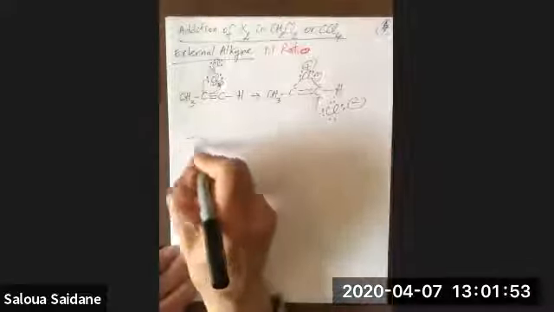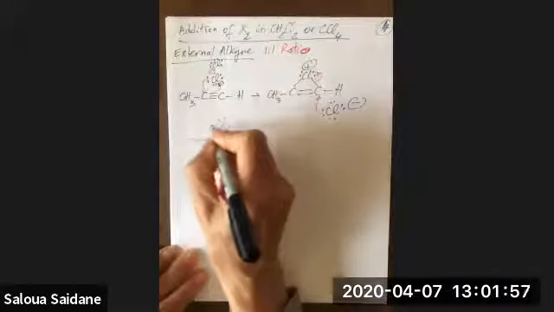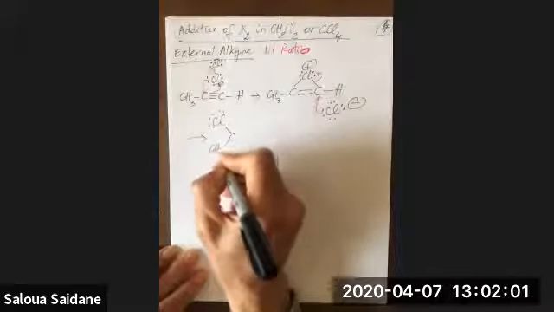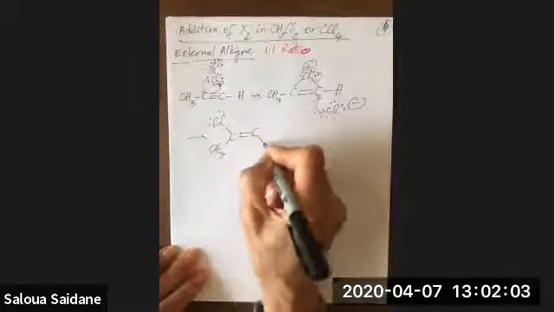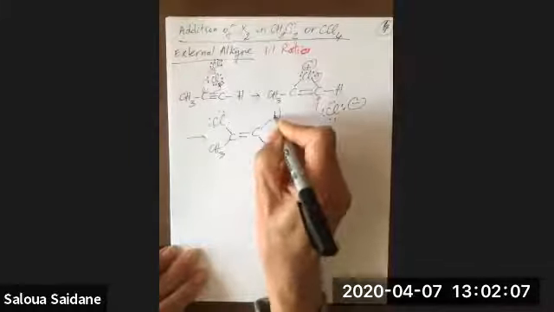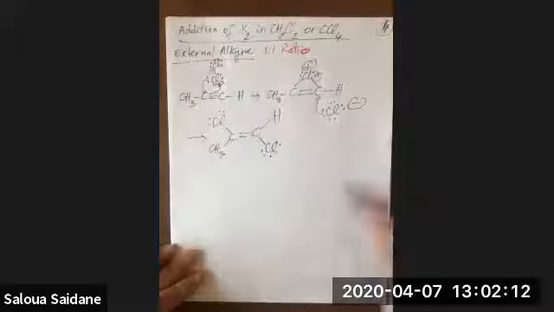So you end up with C, Cl, CH3, and then C, Cl, H. So no matter what, it's going to be an anti-addition.